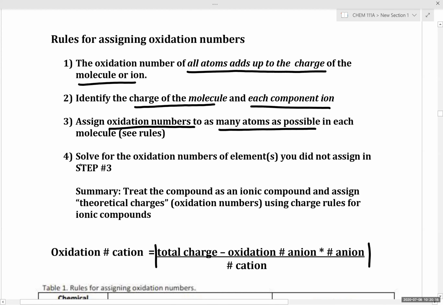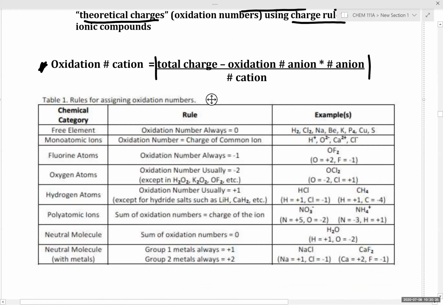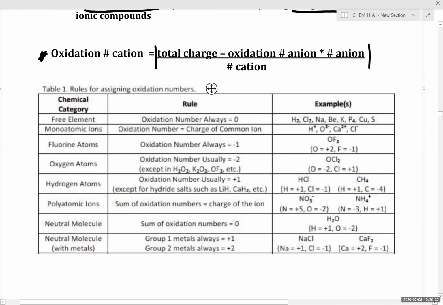Finally, you're going to solve for the oxidation numbers of the elements you did not assign. In other words, you can treat the compound like it's an ionic compound and assign theoretical charges using charge rules. Or you can use the following equation. We have a nice little summary table that captures many of the rules that we discussed in this earlier primer.